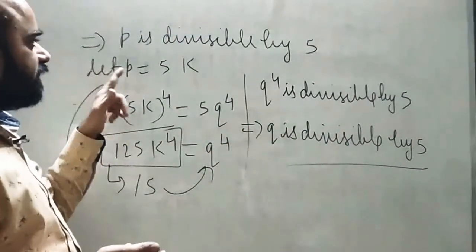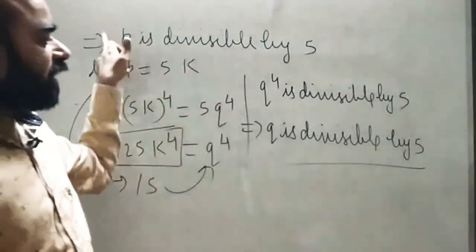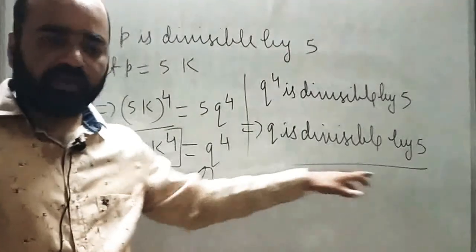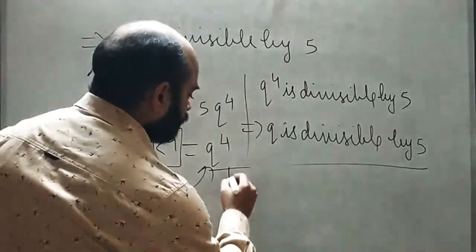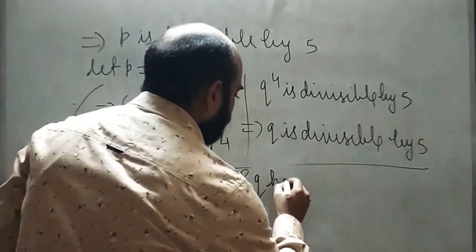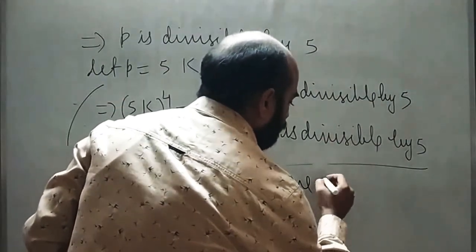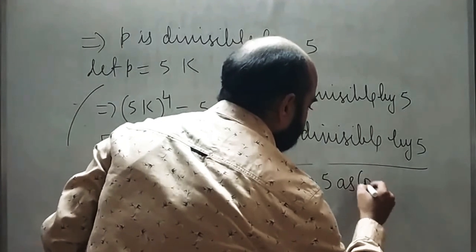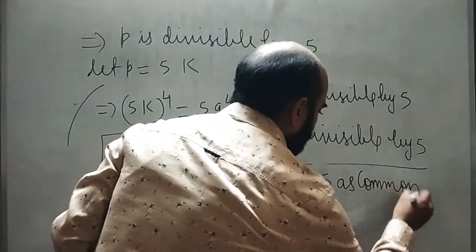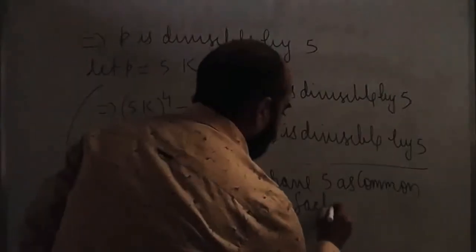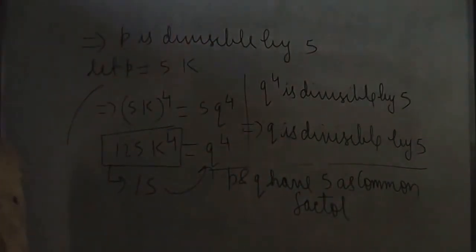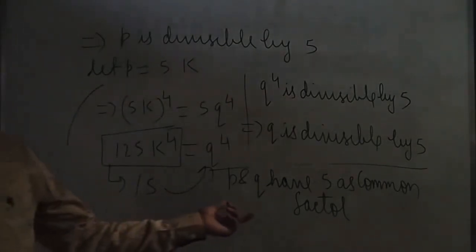It means we can see that p and q both are divisible by 5. It means p and q have 5 as a common factor.